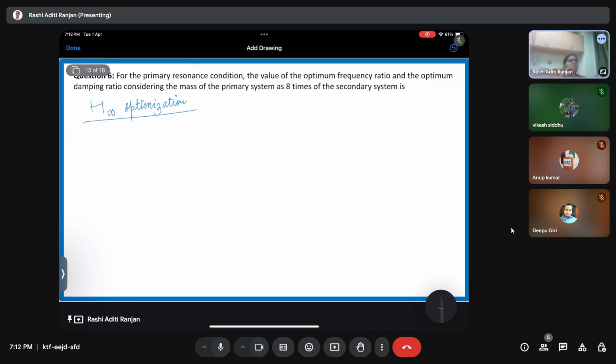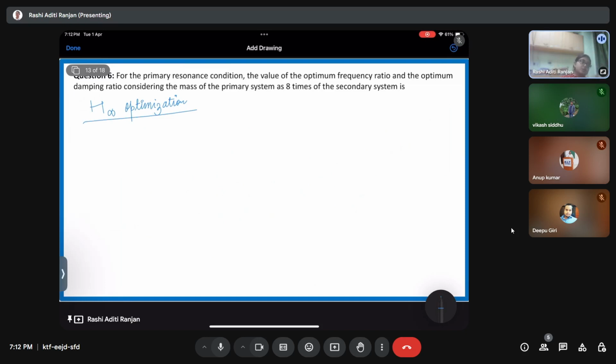Practically, it is not possible that I get zero vibration. So what do we do? We try to minimize the vibration amplitude, right? For that, we use an optimization technique, because there is not a single variable affecting my system. There are multiple variables.